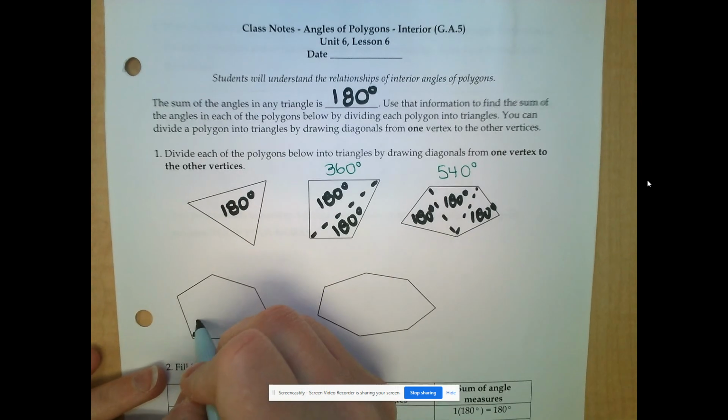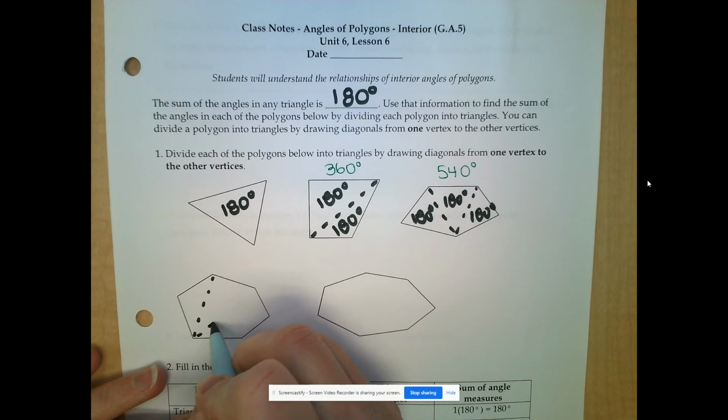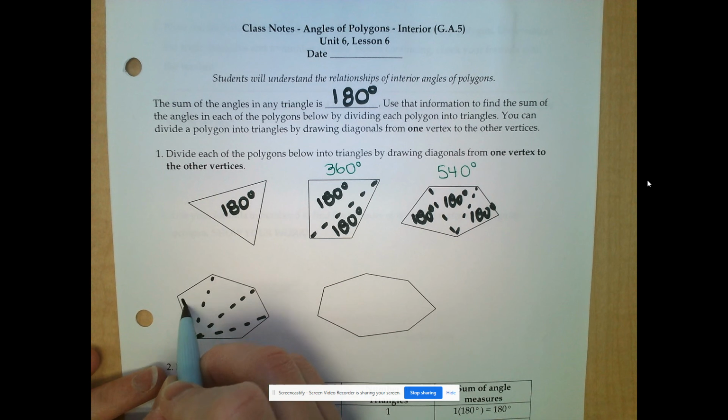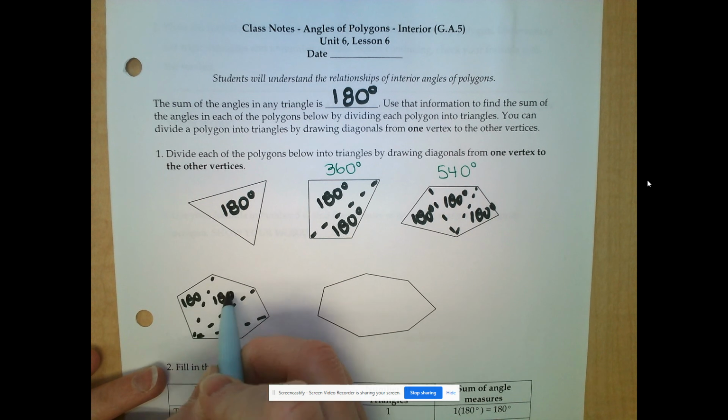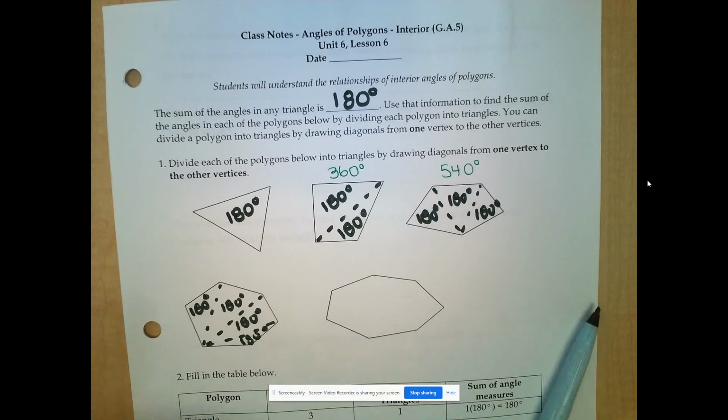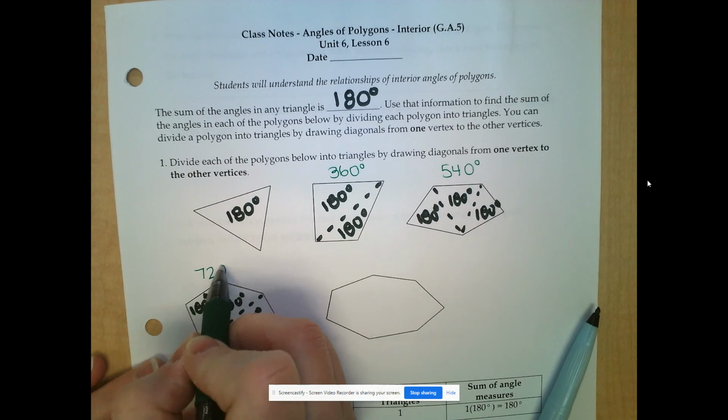You'll notice that each time I add a new side, I'm adding a new triangle. So for example, 1, 2, 3, 4, 5, 6. This hexagon with 6 sides has 4 180-degree triangles inside it, meaning that it is made up of 720 degrees.